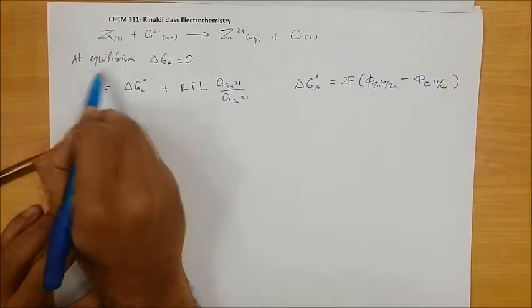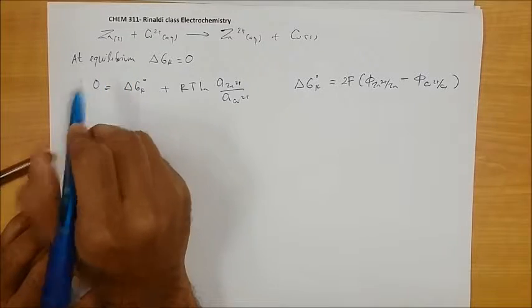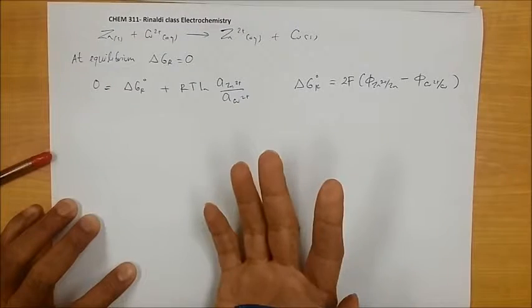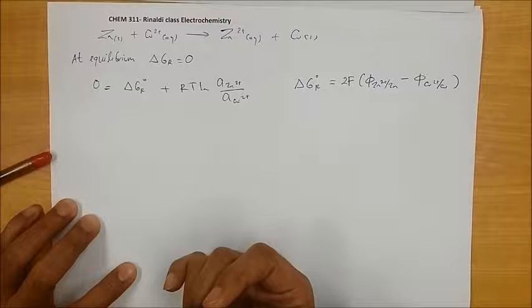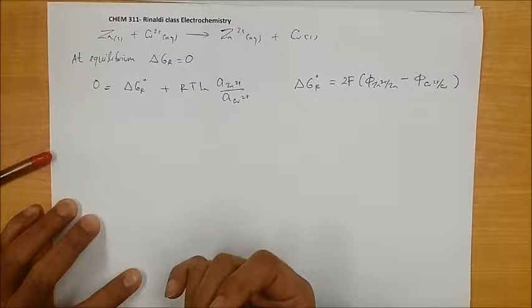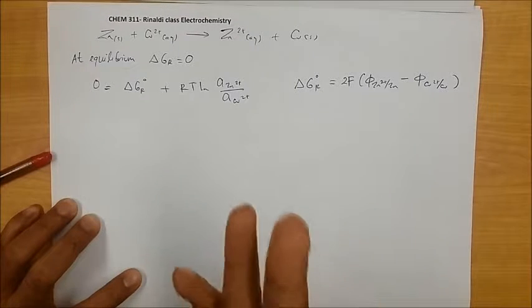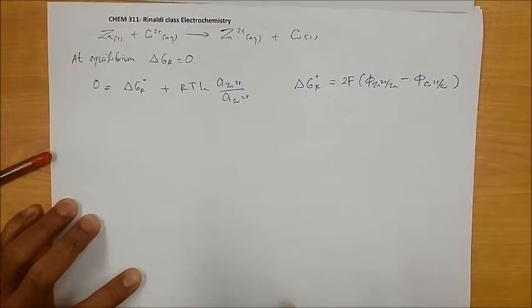All right, so what now? As this is at equilibrium, every reaction has an equilibrium constant. This equilibrium constant dictates when the reaction stops.